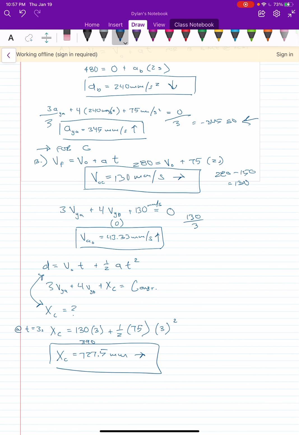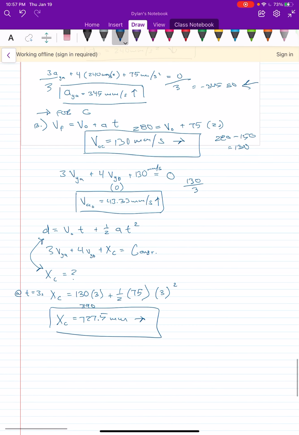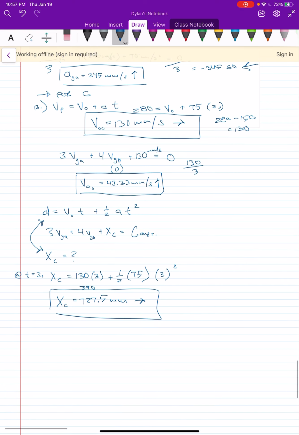Plugged in all of my knowns there, and got my velocity for A.